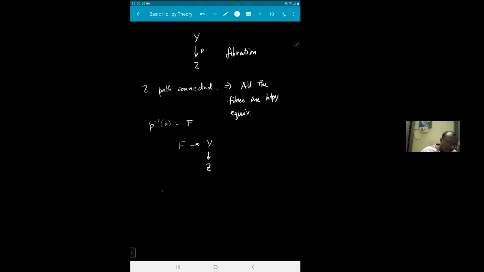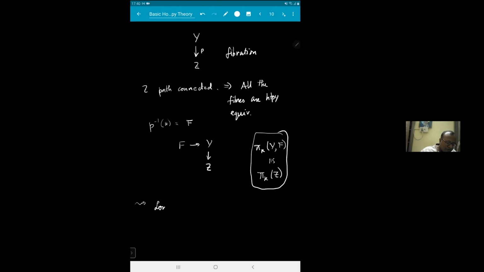Then from the homotopy long exact sequence, one can show that the relative homotopy groups are actually isomorphic to pi_k of Z. This is another application of the homotopy lifting property. You can show this, and that gives me a long exact sequence.